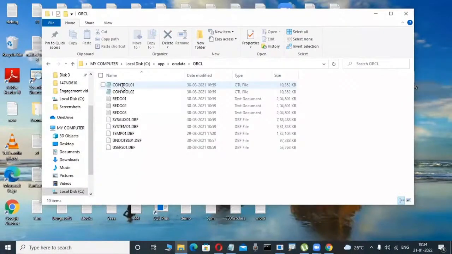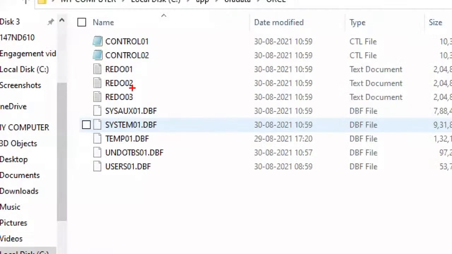I'm observing only. In C colon I installed my Oracle software. In this Oracle software, is the Z table visible or not visible? Anybody guess?